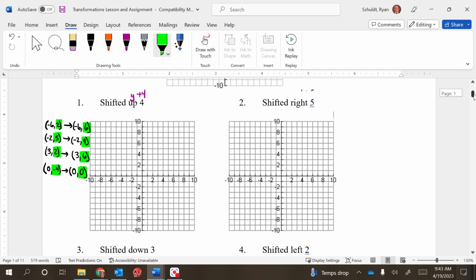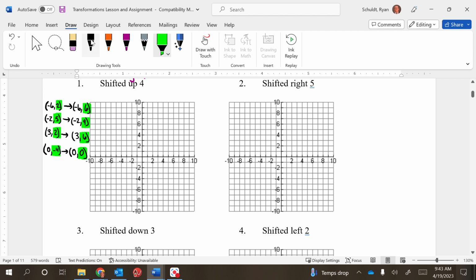So now let's plot our new shape. Our new shape is going to be at -6, 6, right here. Then -2, 9. Connect those two. Then 3, 6. I'm going to connect these.